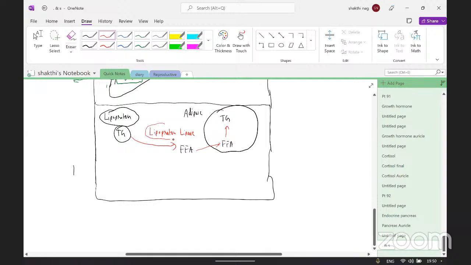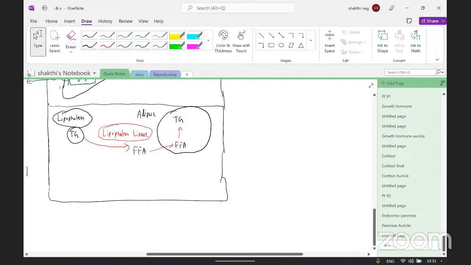So this lipoprotein lipase, as the name suggests, acts at the level of lipoprotein. It's a lipase, it splits triglyceride to fatty acid. But although this is a lipase, ultimately what does it do? It makes sure that the fatty acid goes into the adipose and then gets refined and converted to triglyceride and kept there.